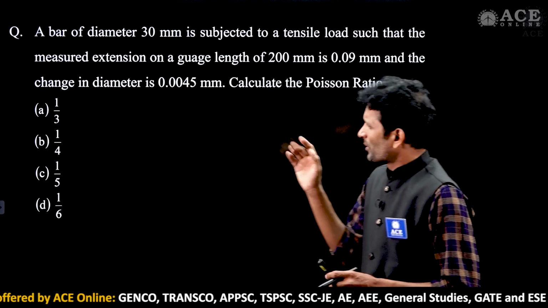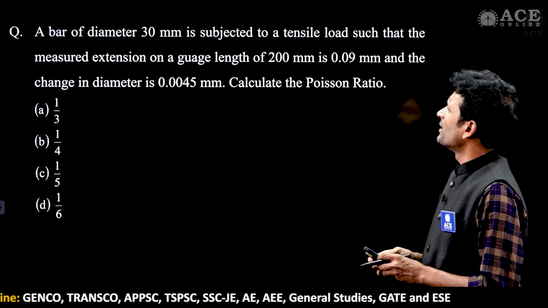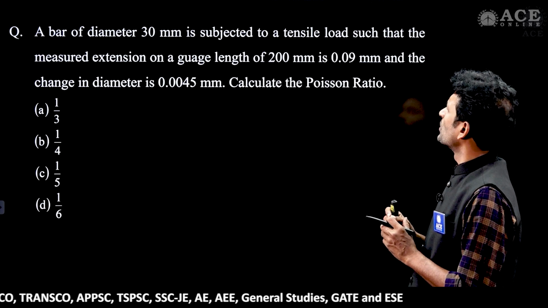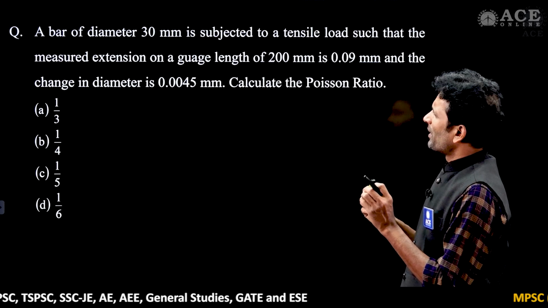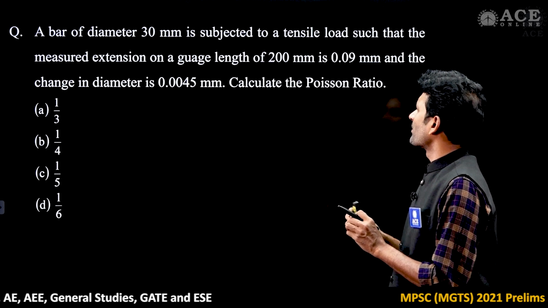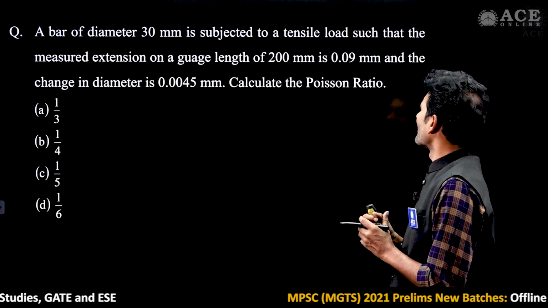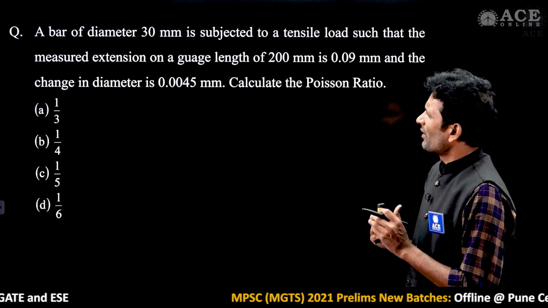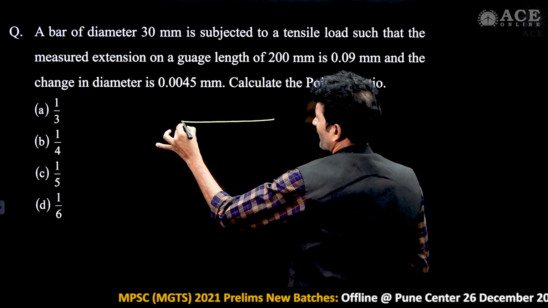Read the question carefully. A bar of diameter 30 millimeter is subjected to a tensile load such that the measured extension at a gauge length of 200 mm is 0.009 millimeter. First of all, we are having a bar something like this.